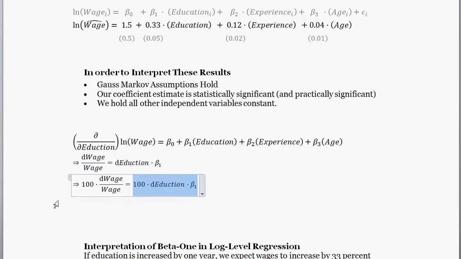Reinterpreting this in language we can both understand a little more: the percent change in wages is equal to 100 times the change in education times beta 1. So what exactly does beta 1 mean?